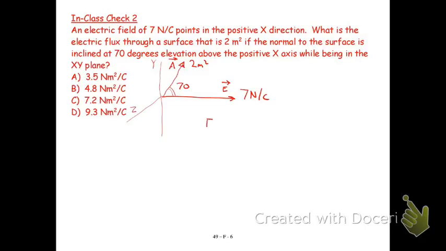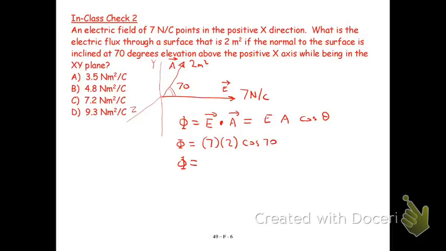I say E, flux, is equal to E dotted with A, which equals E times A times the cosine of the angle between. So my flux is equal to 7 times 2 times the cosine of the angle between them, cosine 70.